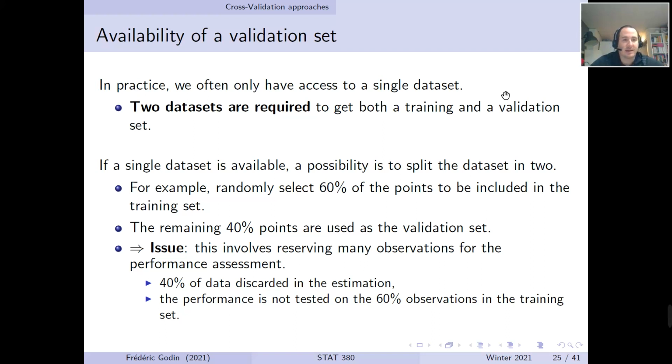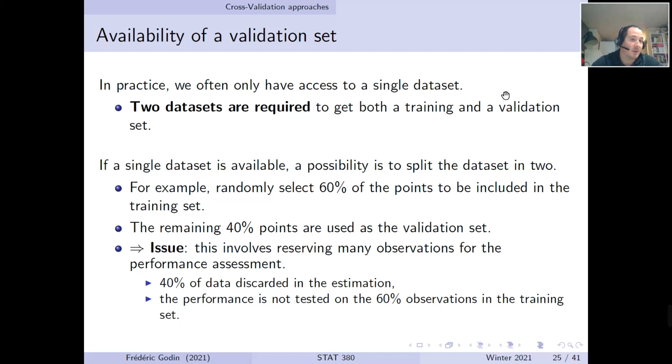So this is an example of how we can cope with that. Pick your single data set, split it into two by randomly selecting observations and then assigning these randomly chosen observations either to the training or the validation set. This is one possibility, but an issue with that is that you lose many observations in that case. First, you have 40% of the data which is discarded for the estimation.